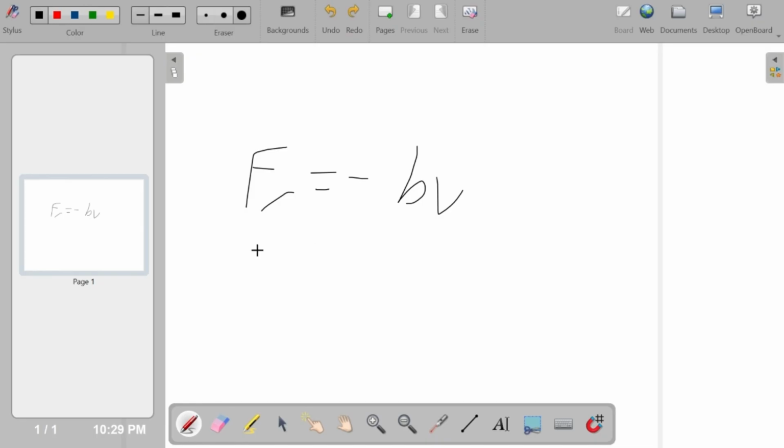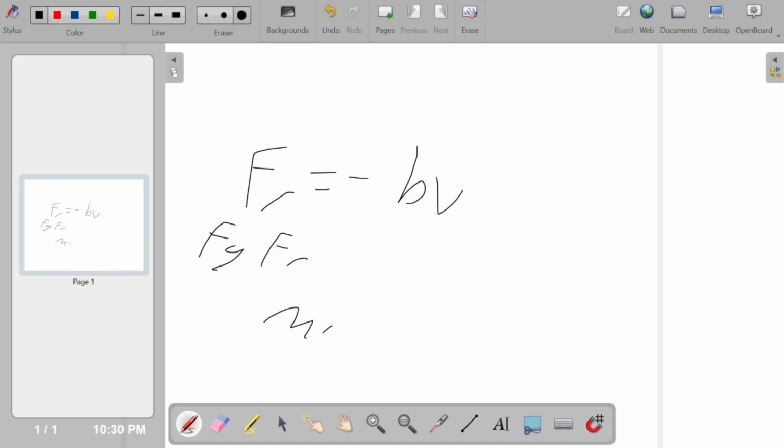Okay. And the next thing we have to talk about comes down to how it interacts with gravity. Let's talk in two parts. As it's going up, if you throw an object up, it has two forces acting on it. That's Fg and Fr.